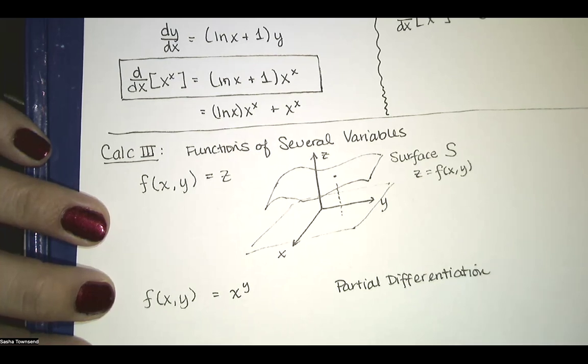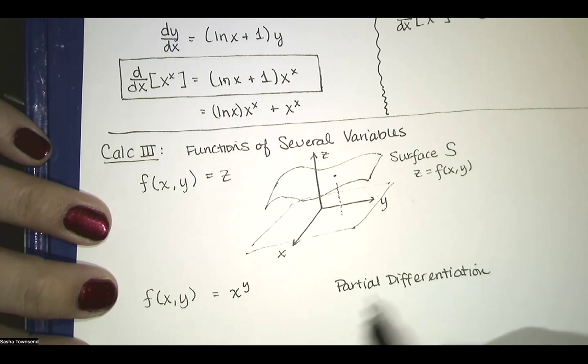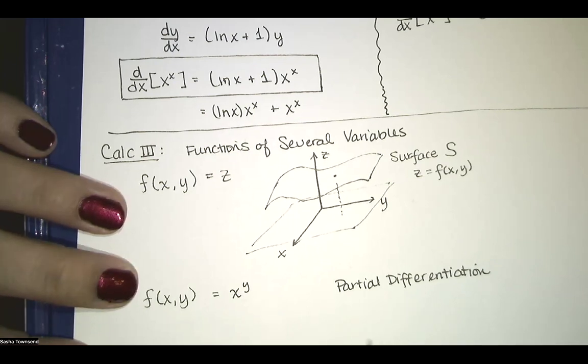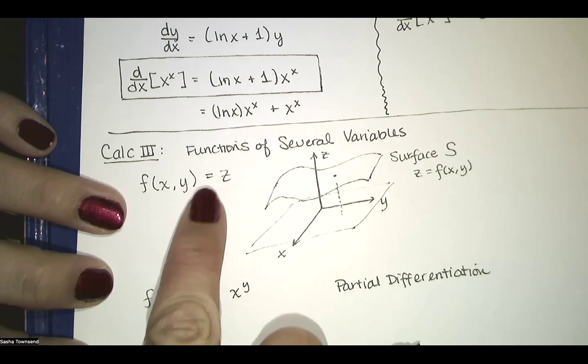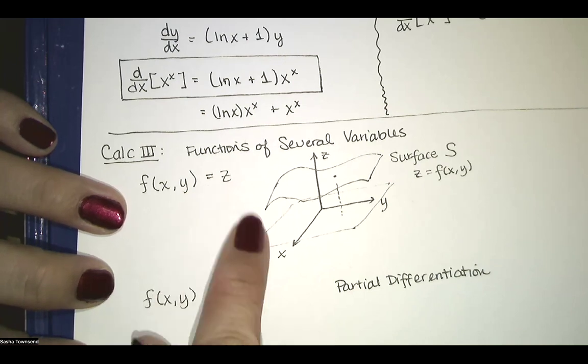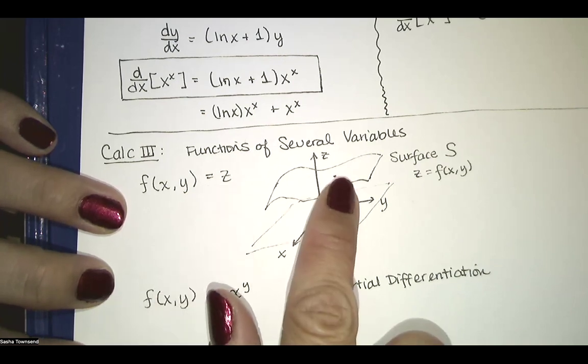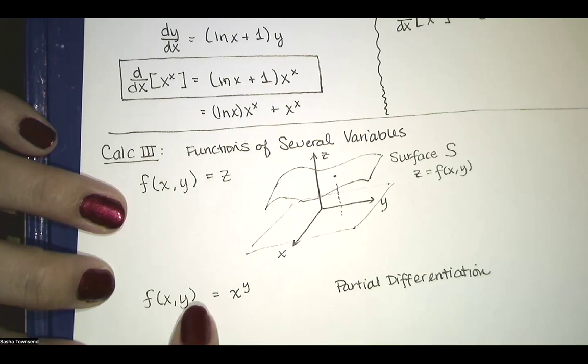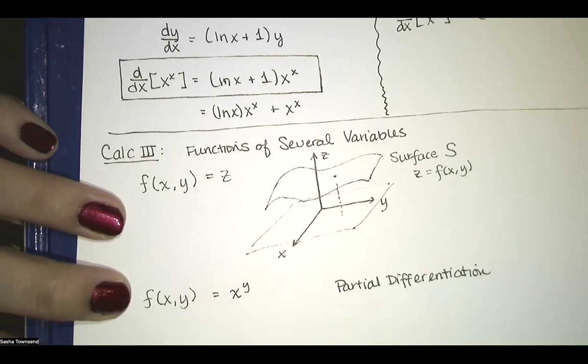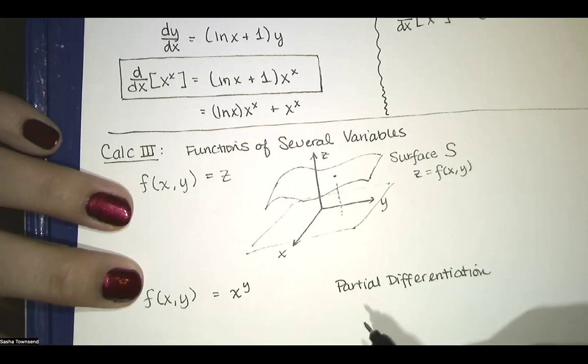That's what our derivative gives us. Also, we think of it as the instantaneous rate of change of that function with respect to that independent variable. With partial differentiation, we're talking about the instantaneous rate of change of z, so the output value for this function f of x and y, as x changes or as y changes. And usually you're thinking of the other variable as constant.